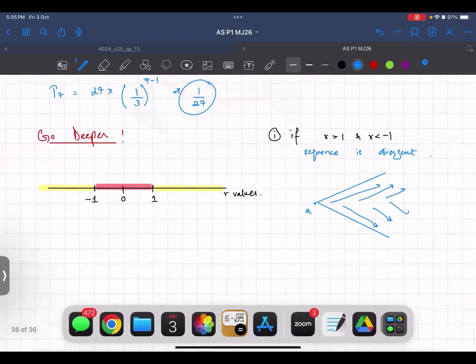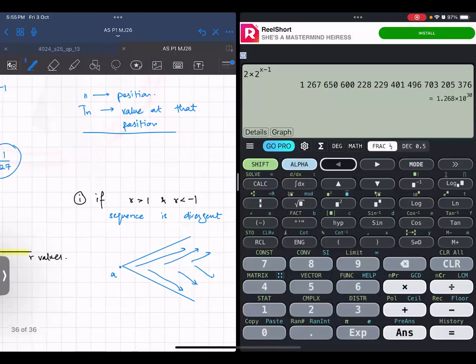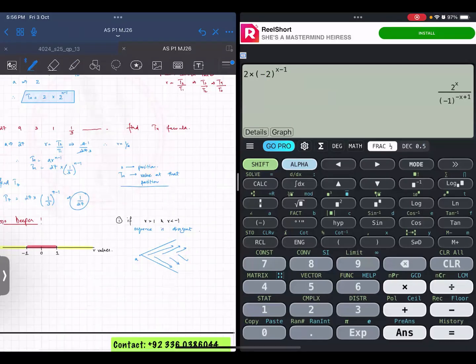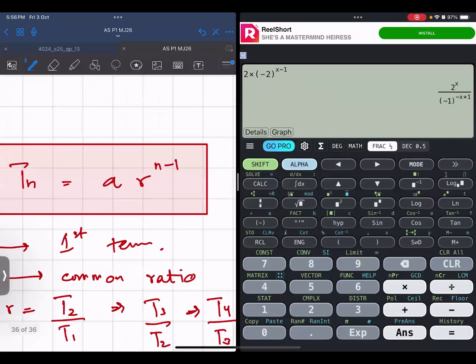For example, I will tell you the difference of what happens when you have a negative R. Let's suppose R is -2. Look at the formula A times R power n minus 1. So R is -2. In this case as well, the magnitude would again keep on increasing. 20, you have a smaller value, then 30, even bigger, 40, even bigger, 50.